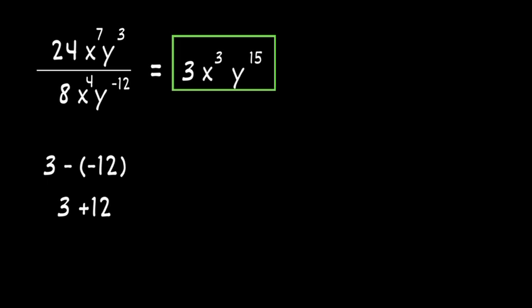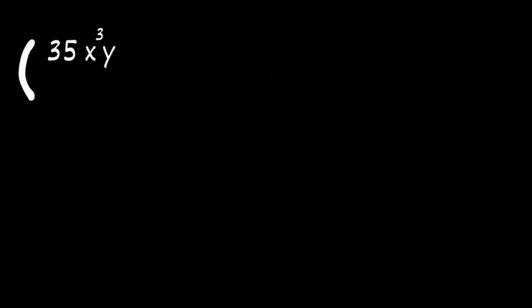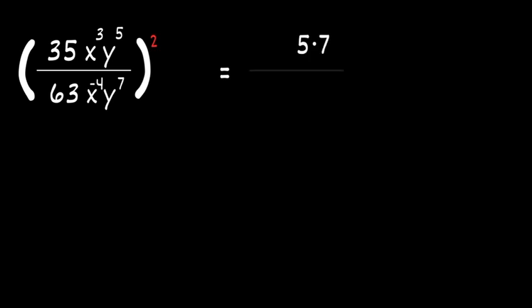What is 35x cubed y to the 5th divided by 63x to the negative 4th y to the 7th, squared? What is that equal to? So we could distribute the 2, or we could simplify first. We could divide first or distribute the exponent. Let's divide first. 35 is basically 5 times 7, and 63 is 9 times 7.